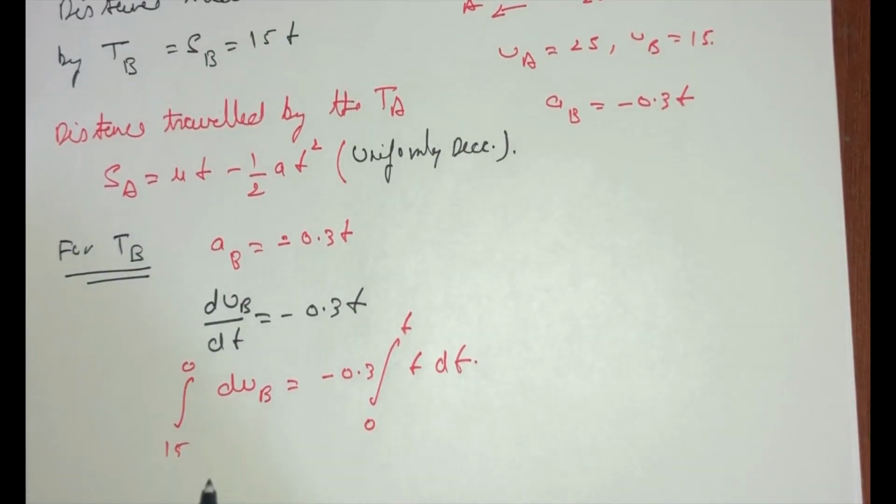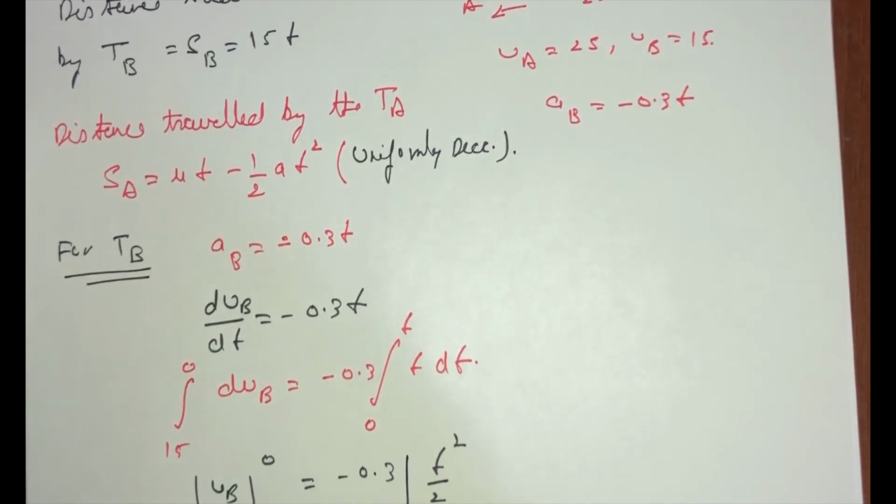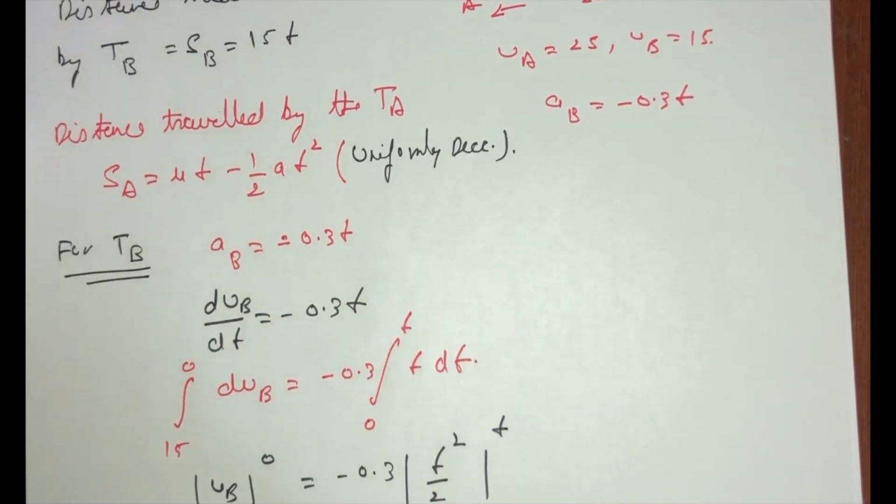We get vB from 15 to 0 is equal to minus 0.3 t square divided by 2 from 0 to t.